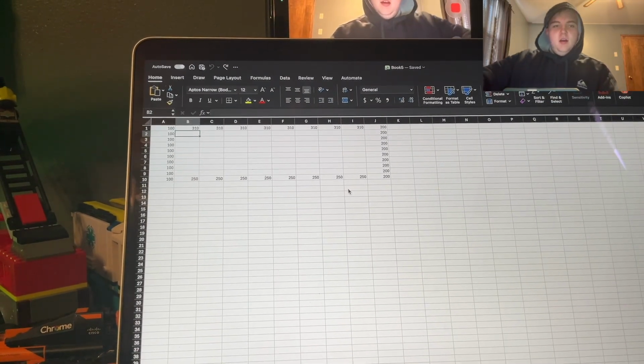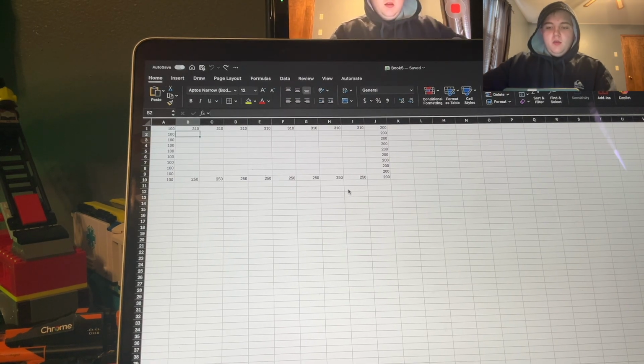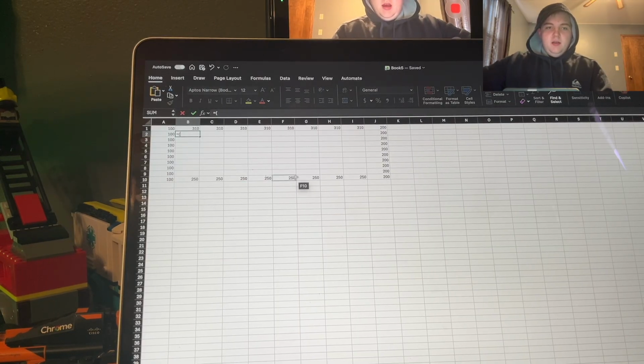Okay, that looks good. I set up our matrix here, and on our left-hand side we have 100, right-hand side 200, top 310, and bottom 250. What we're going to do now is add the formula that we just made in part 3 to the Excel sheet, which is all our values around the target point divided by 4.